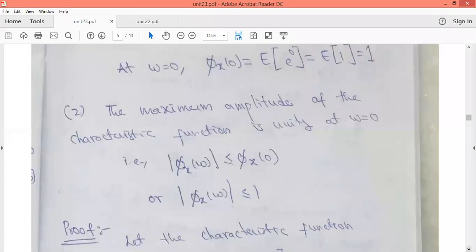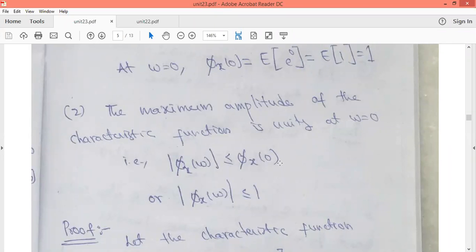Now, the maximum amplitude of the characteristic function is unity at omega equal to 0. That is the second property. What is the maximum value of the characteristic function? It is unity. Where will it occur? It will occur at omega equal to 0. So the magnitude of phi x of omega is less than or equal to phi x of 0.